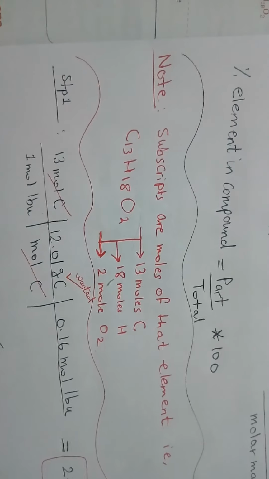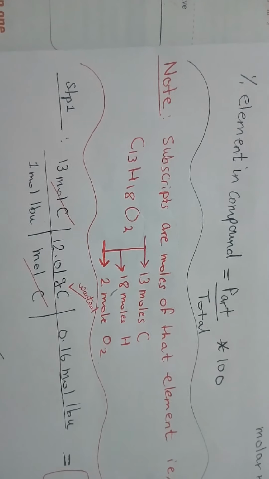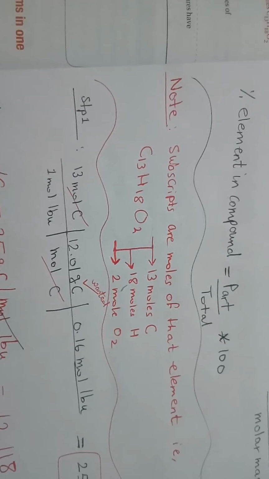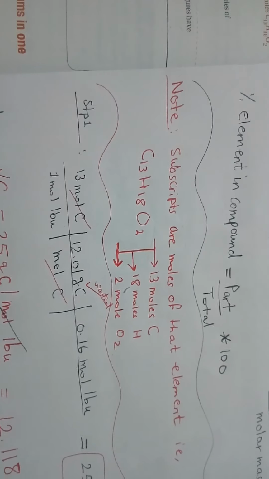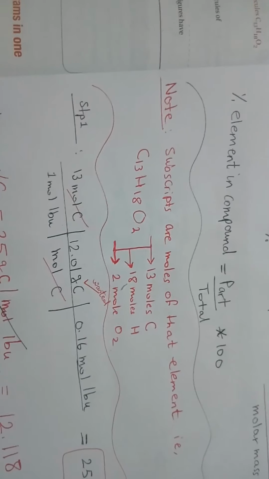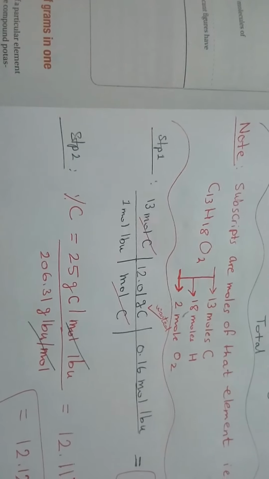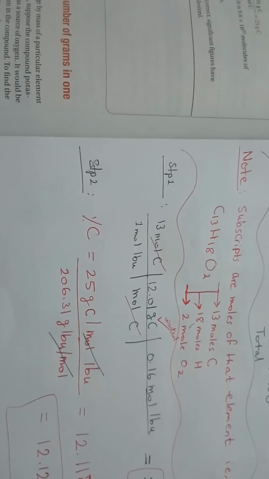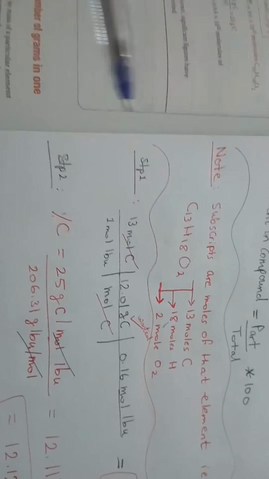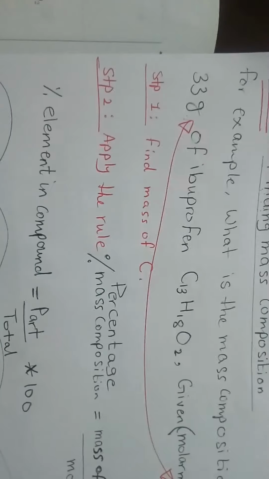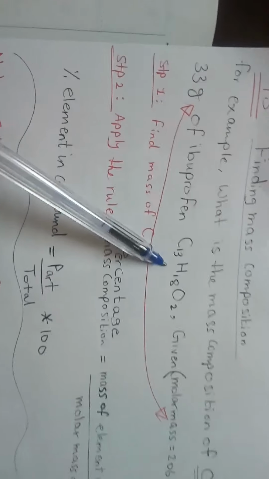You need these for calculations, especially if you're trying to find the mass of a certain element given a certain mass of compound. So let's apply that. Step number 1. Remember, what is given in the question is just the mass of the compound and the molar mass.